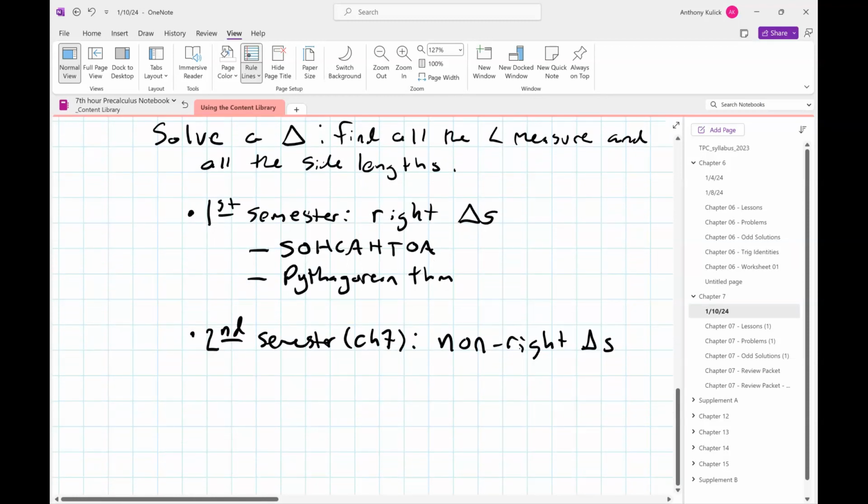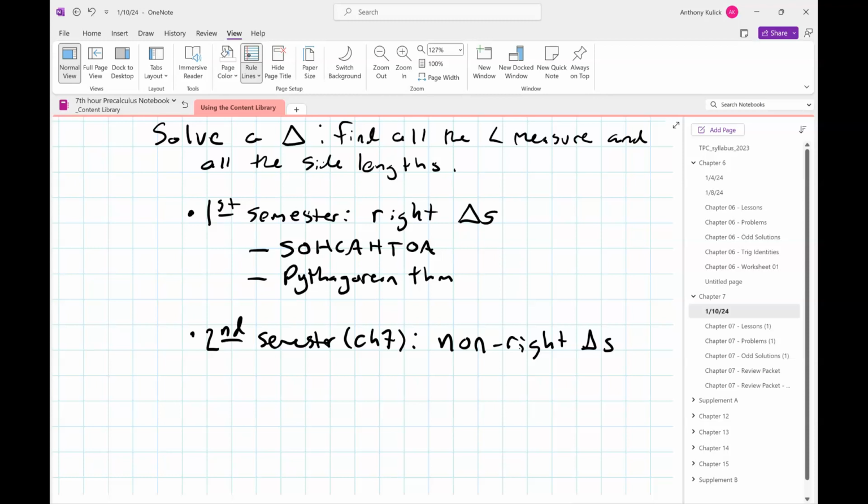In a non-right triangle, SOHCAHTOA does not work. And the Pythagorean theorem does not work.